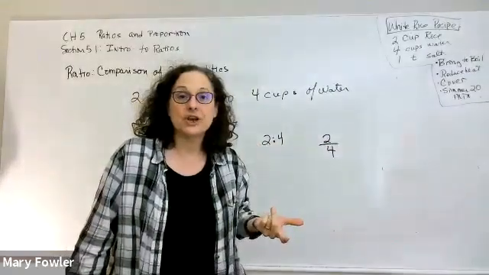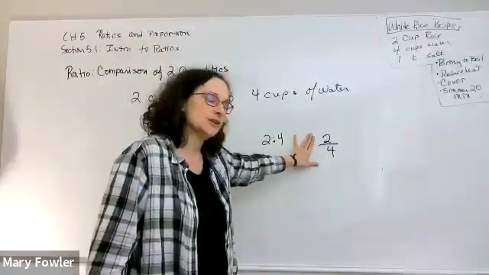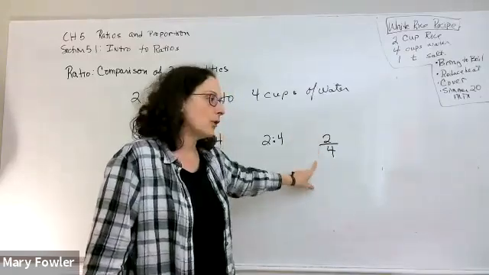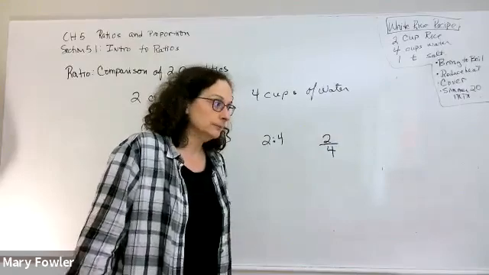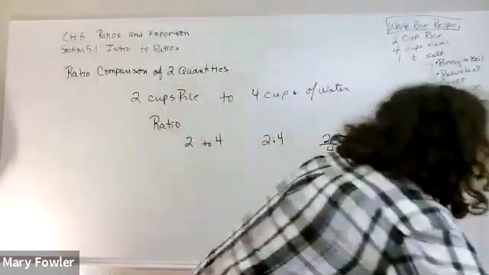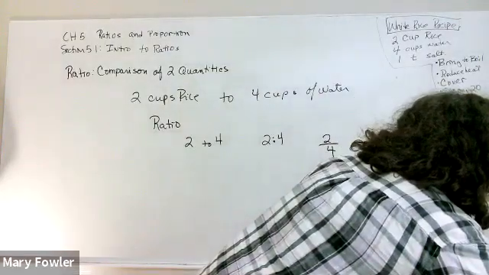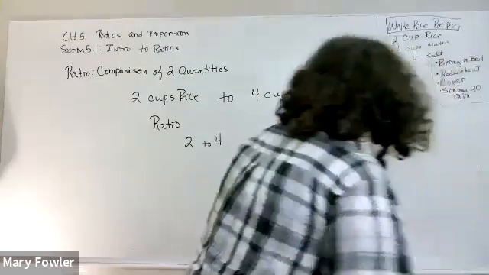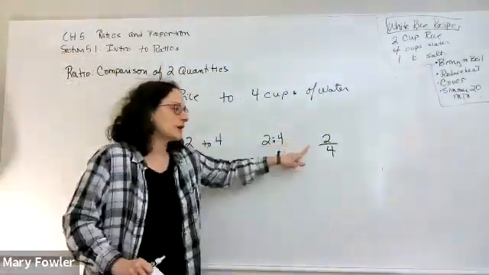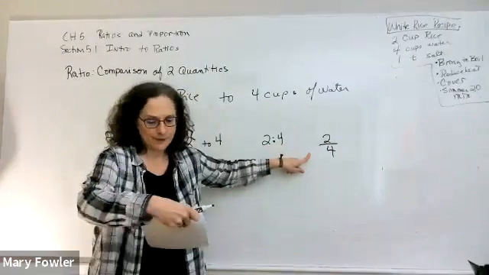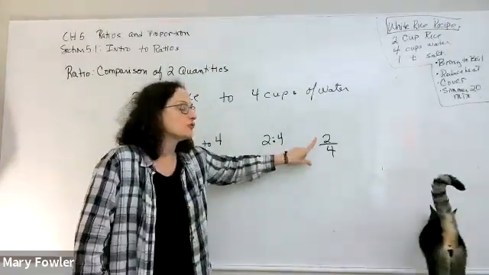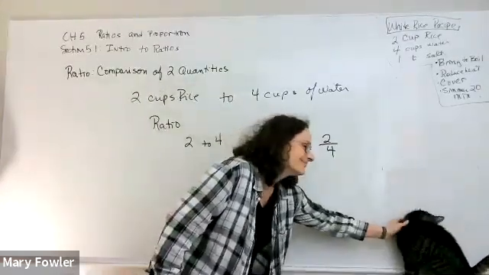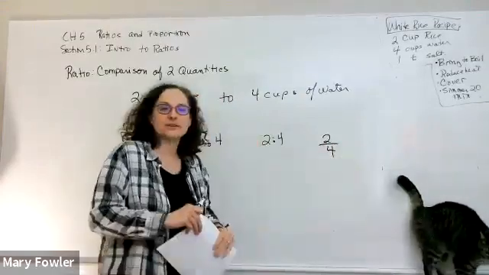One of the things we need to check is, just like in a fraction, we want to write them in lowest terms. We call it simplest terms here for the ratio. So we reduce a ratio into simplest form the same way we reduce a fraction into lowest terms.